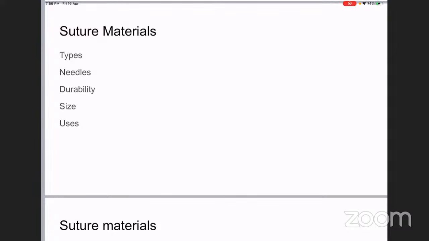Because catgut is of animal origin, it undergoes enzymatic breakdown. And because Vicryl is synthetic, it undergoes hydrolytic breakdown. Hydrolysis is generally more predictable, whereas enzymatic breakdown is less predictable. Let me explain.